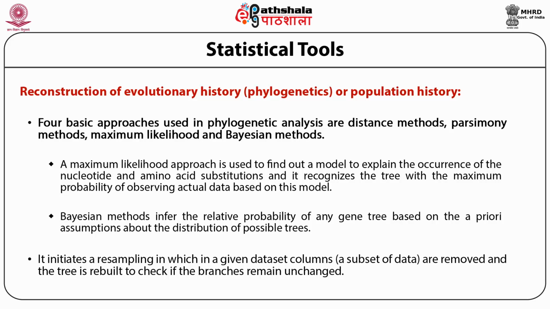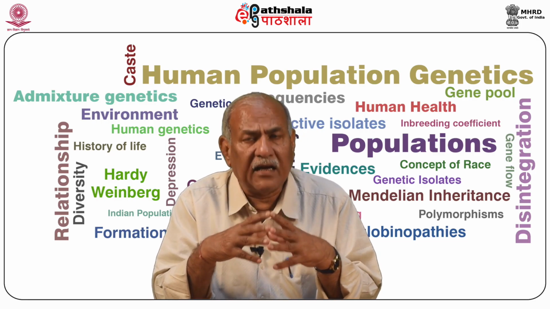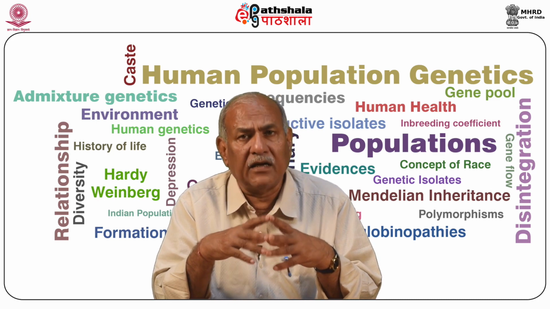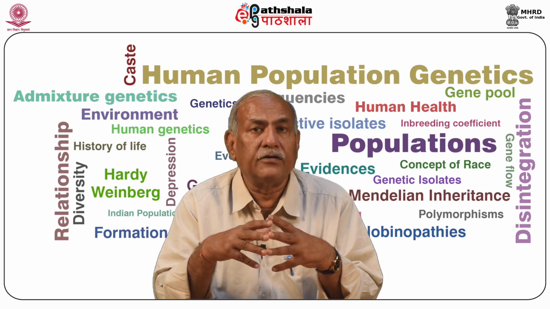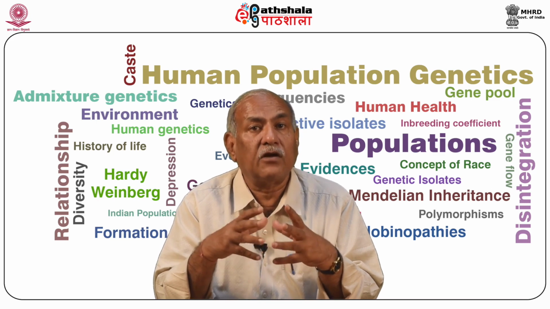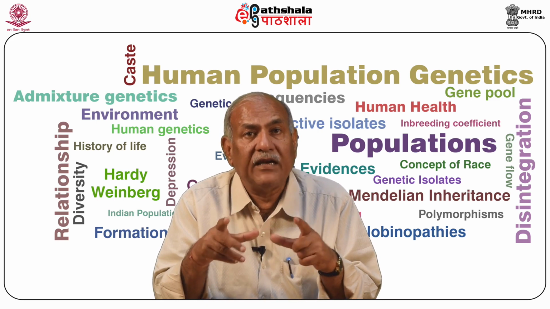Dating evolutionary history: genetic data can be integrated along with data from other areas like paleontology or archaeology to yield the sequence of events that form the evolutionary history of a gene.